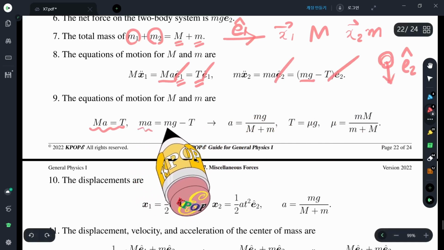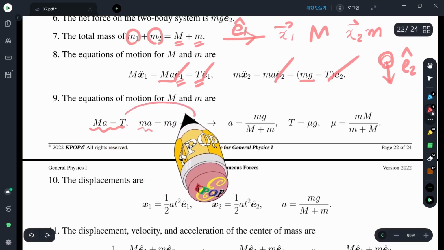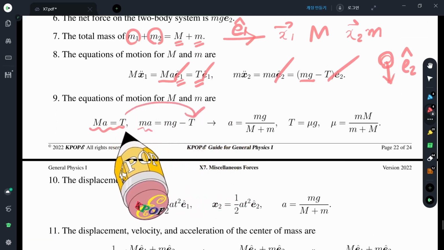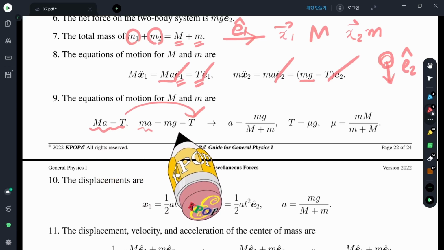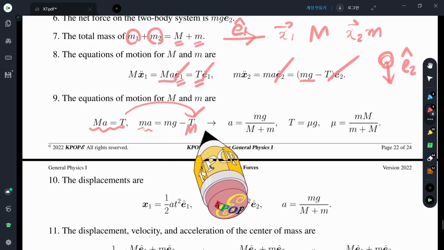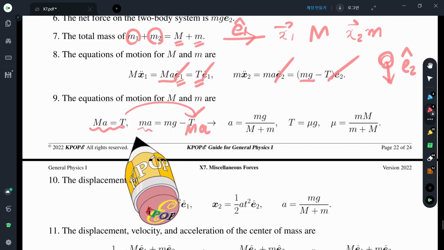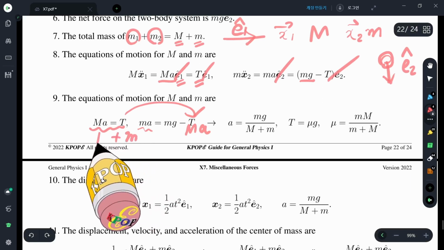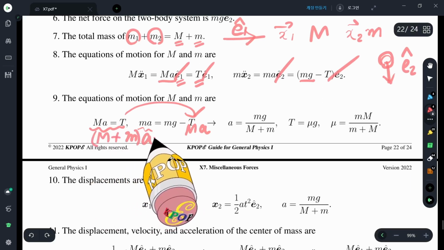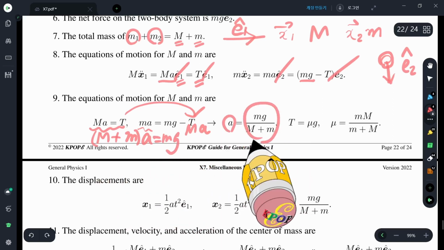Then we have ma equals mg minus T. If we substitute in this, eliminate T, the tension is removed, and if we move this, small m, capital M, a equals mg. So acceleration is very simple.